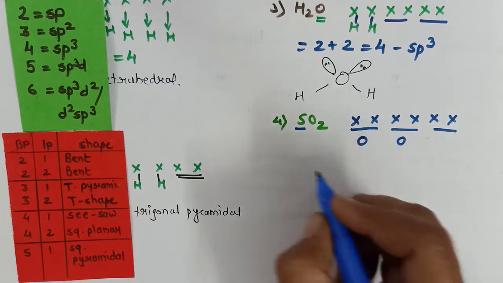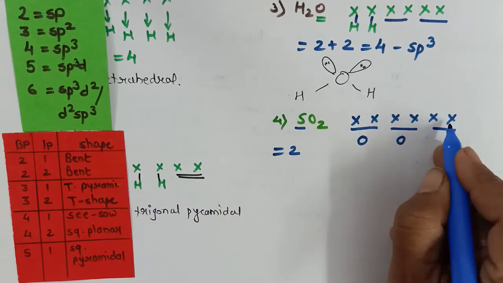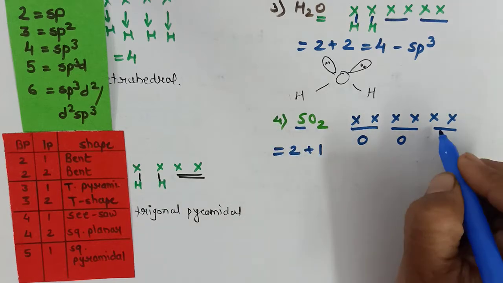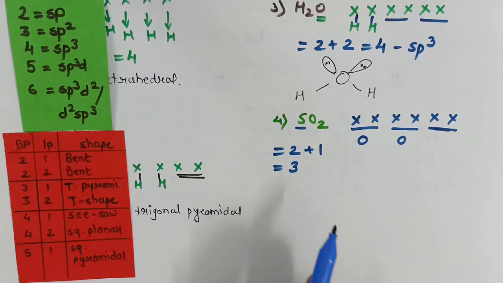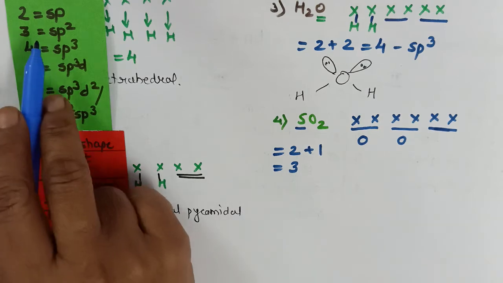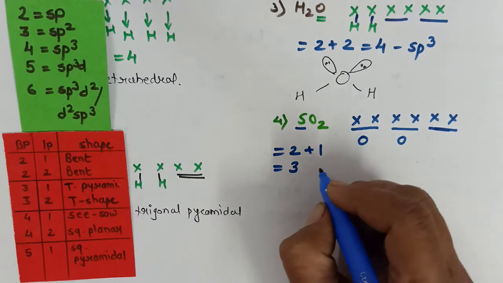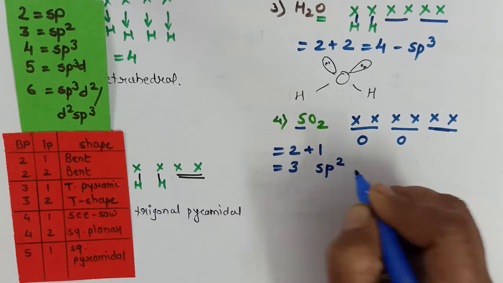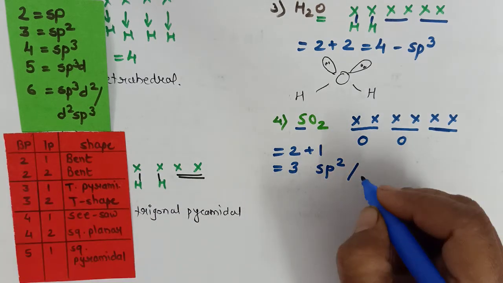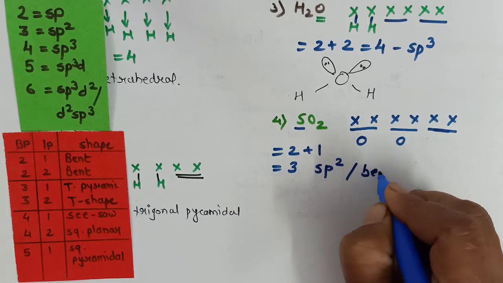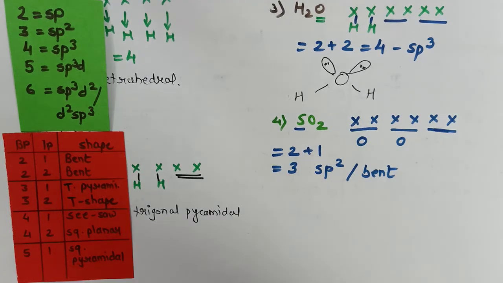So, how many bond pairs? 2. How many lone pairs? 1. This is the lone pair. The sum becomes 3 and with the sum becoming 3, sulfur undergoes sp2 hybridization. With 2 bond pairs and 1 lone pair, sulfur dioxide will exhibit a bent shape.